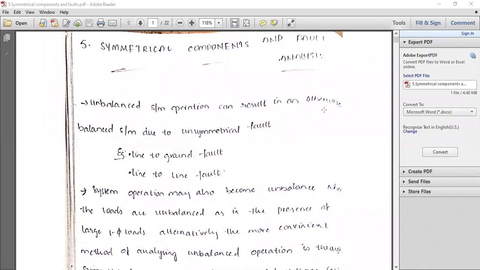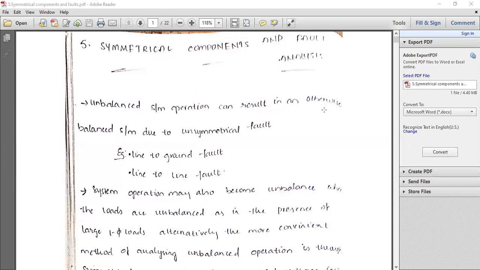Because of this, the voltages and currents may not be equal for any two phases, and the impedances of the three phases are unevenly distributed. That means the impedances of all the three phases are not equal.